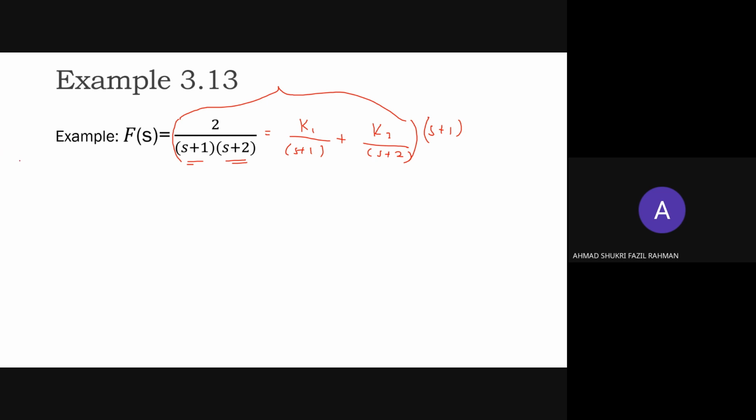So we have 2 over (S plus 1)(S plus 2) times (S plus 1) equal K1 over (S plus 1) times (S plus 1), and then plus K2 over (S plus 2) times (S plus 1).